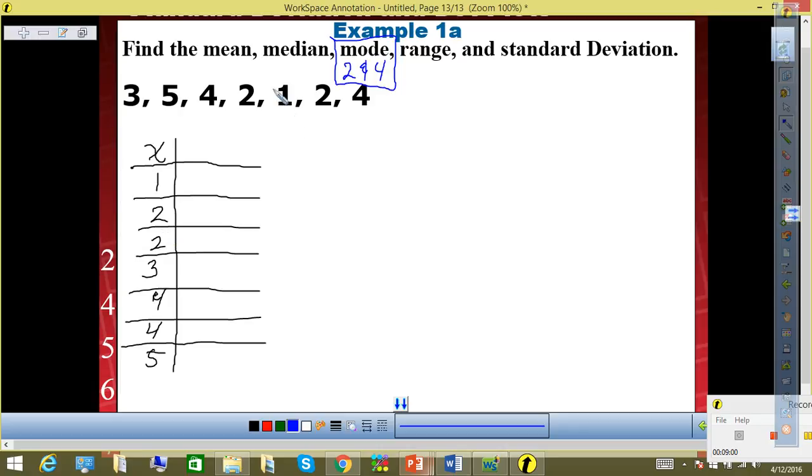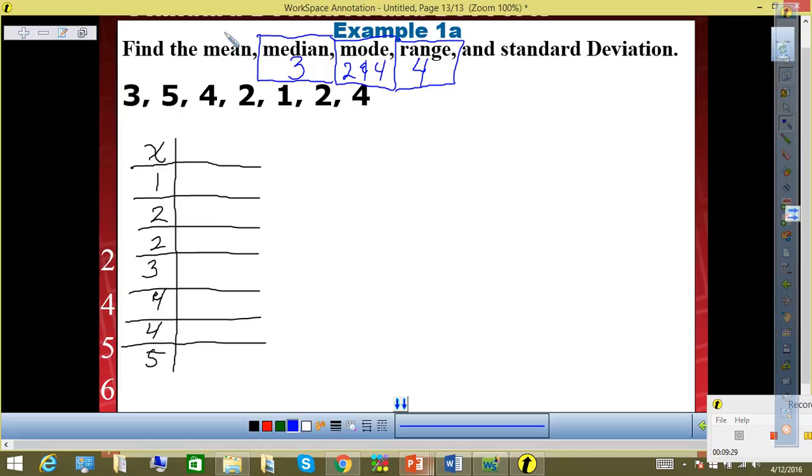So that means the median is what? Everyone? 3 is correct. Let's compute the range. Might as well, since we're already here. How do we compute the range? Greatest minus the smallest, so therefore it's 4.